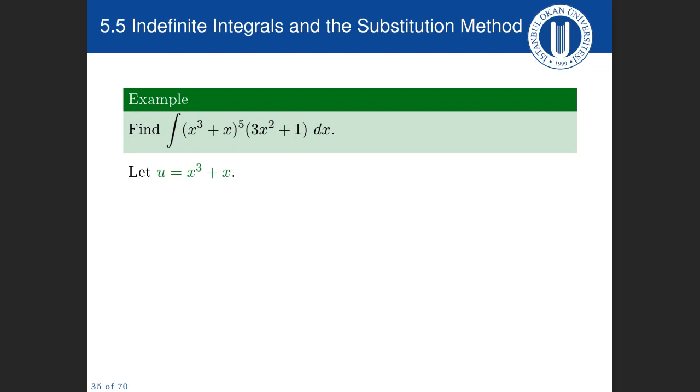Why? Well, I'm looking at my integrand. I have an x cubed plus x, and I have a 3x squared plus 1. One of these is going to be the correct choice, and one of them isn't. For this one, it's going to be x cubed plus x. If you're unsure, try both of them and see which one works.